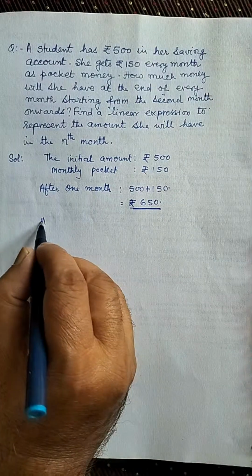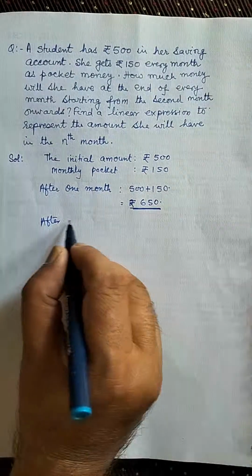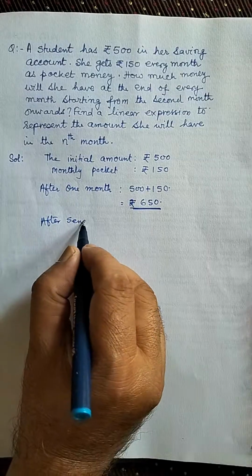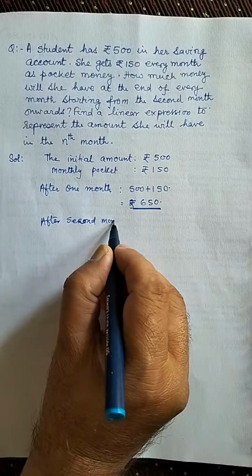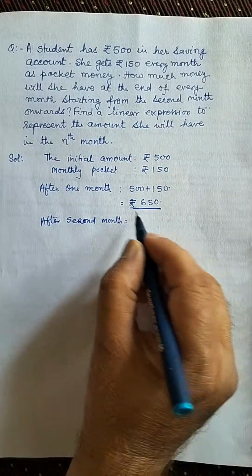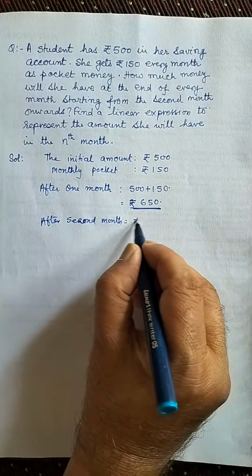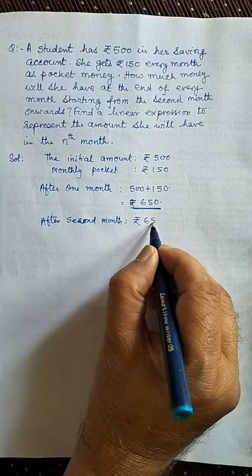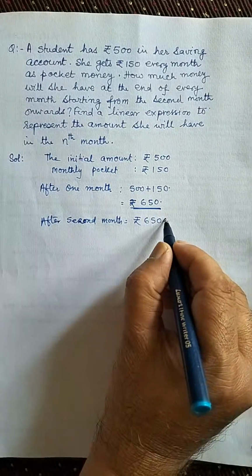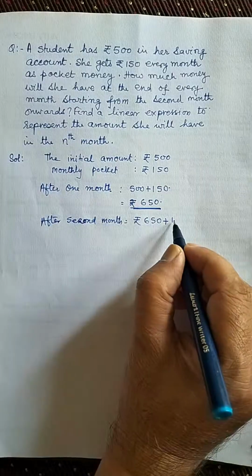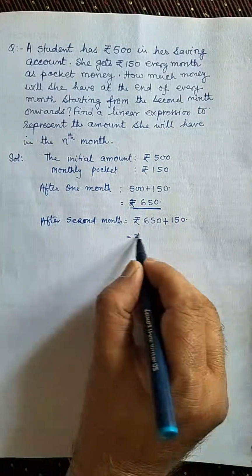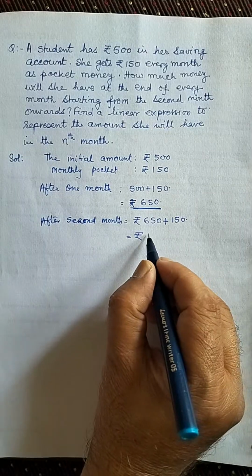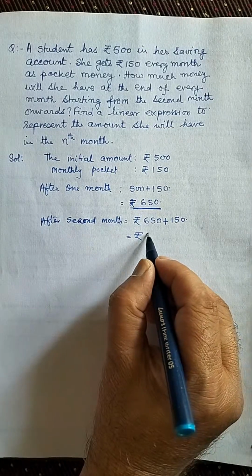Then after second month she will have this rupees 650 plus another 150, which is rupees 800.